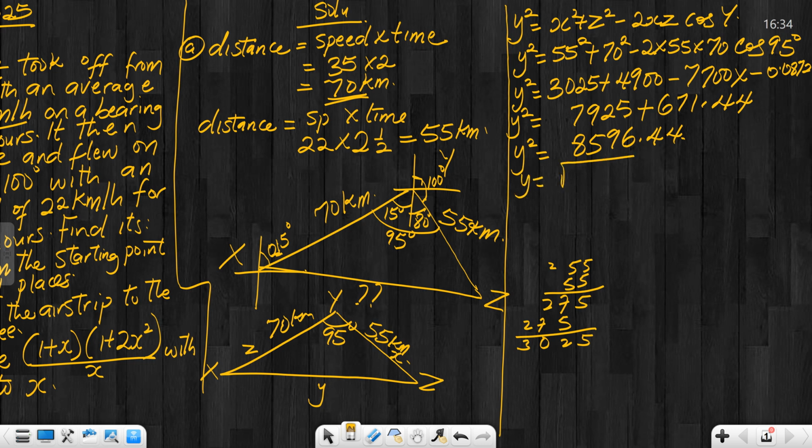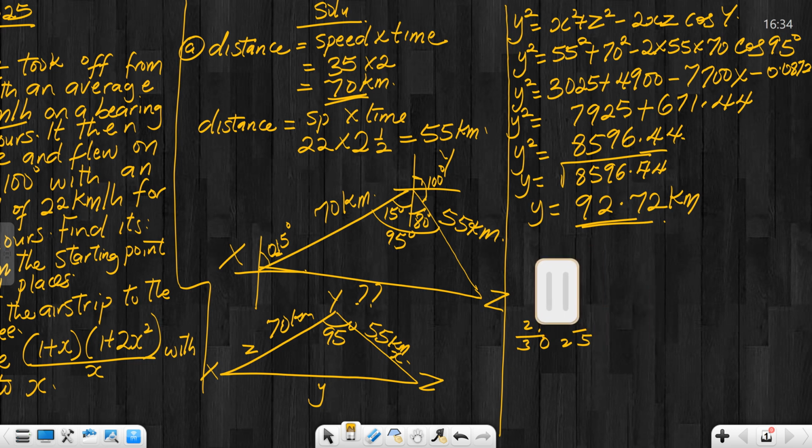Then y equals the square root of 8596.44, and that gives me y to be 92.72. To 2 decimal places, 92.72 kilometers. So that's the answer for the first one.